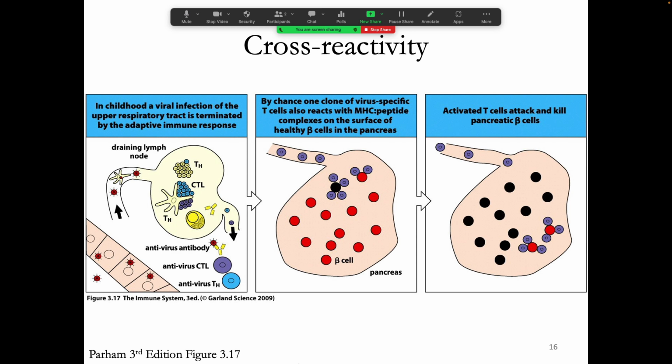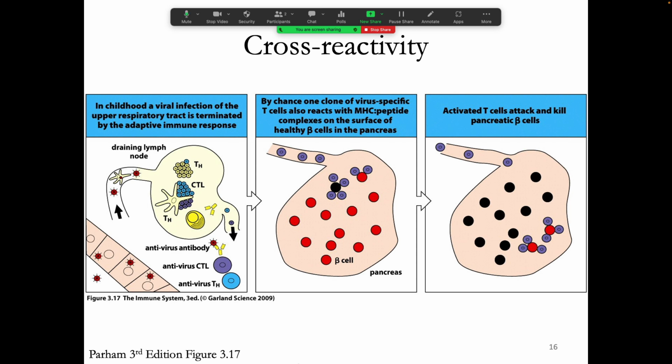What you might also realize in looking at this is that in order for this to happen, you have to have that 1 out of 100 of your T cells that happens to cross-react with a peptide presented by the beta cell. That's probably not something that's going to happen in everyone. That's probably only going to happen in people with certain MHC types that can present a particular peptide.